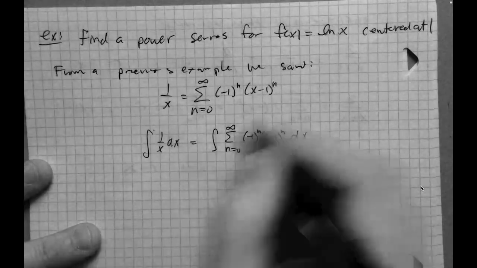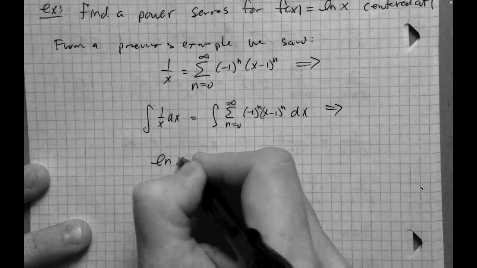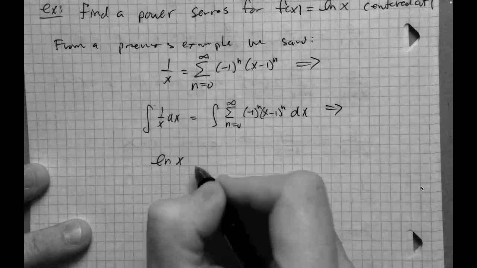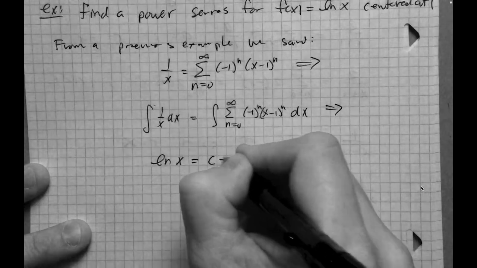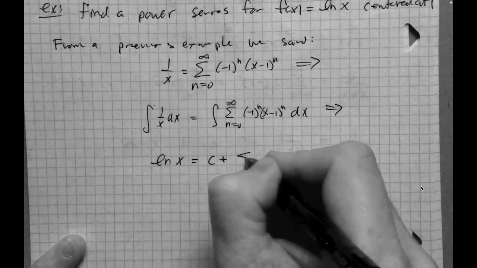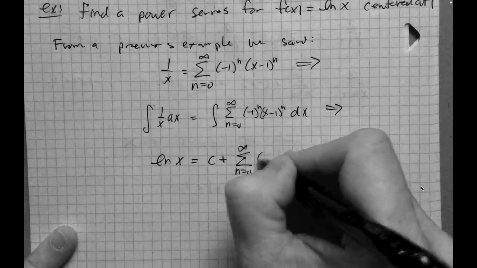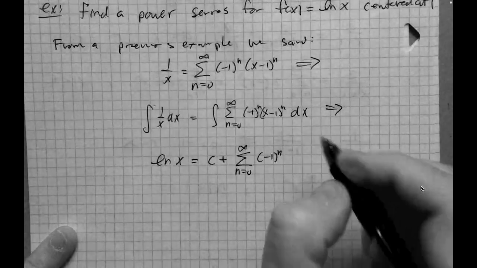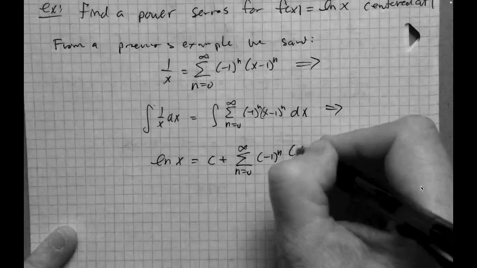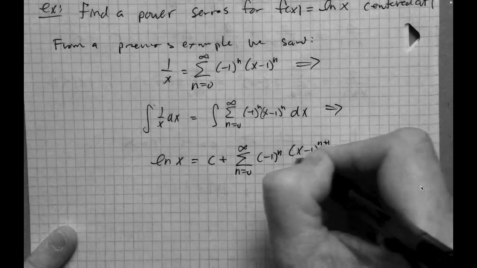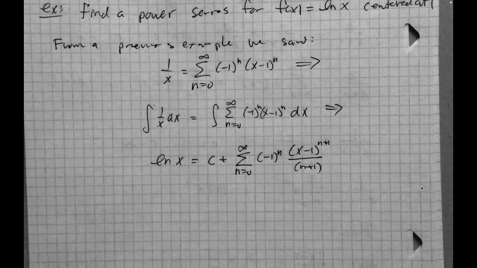Well, on this side we get the natural log of x, right? And on this side, we know how to integrate a power series. We get c plus the sum from n equals 0 up to infinity. And we're going to put the negative 1 there. And then it's going to be x minus 1 to the n plus 1 power over n plus 1. Okay, so it looks like that, right?